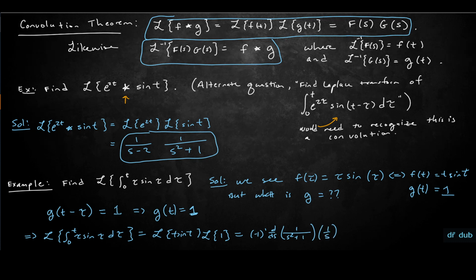Taking that derivative, multiplying by negative 1, and simplifying, I'm going to skip some steps and just make this 2 over s squared plus 1 squared. After you simplify everything, this is what you'll get.